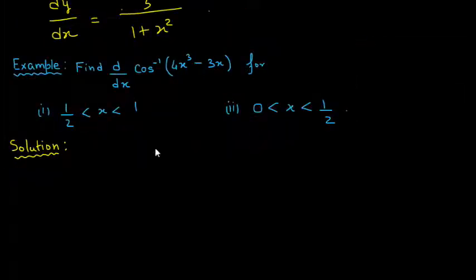The next question is find d by dx of cos inverse of 4x cube minus 3x, for first, x lies between half and 1, and second, x lies between 0 and half. So we'll consider here, let theta is equal to cos inverse x.